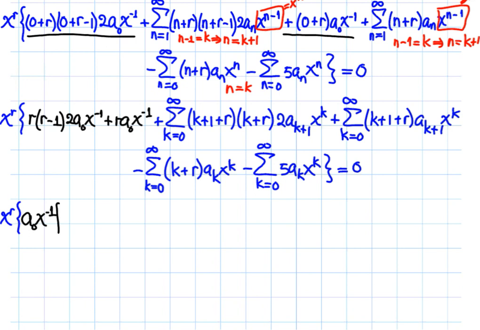Inside we should have 2r, minus 1, plus r. And then now we combine the series.